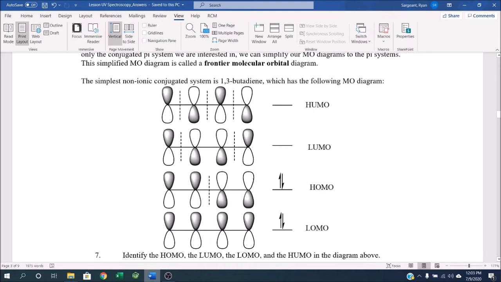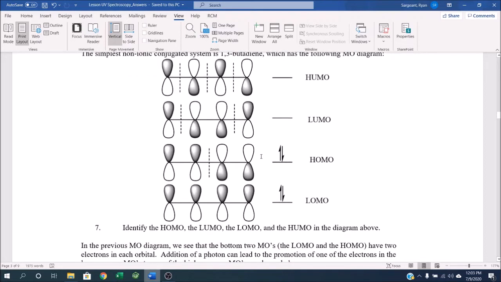Once you've diagrammed out your 4 molecular orbitals, then you can put up to 2 electrons in each orbital. 1,3-butadiene has a total of 4 pi electrons, so 2 of them will go in this lowest energy orbital, and 2 of them will go in this slightly higher energy orbital. Now we've got a full molecular orbital diagram that describes the conjugated pi system of 1,3-butadiene.